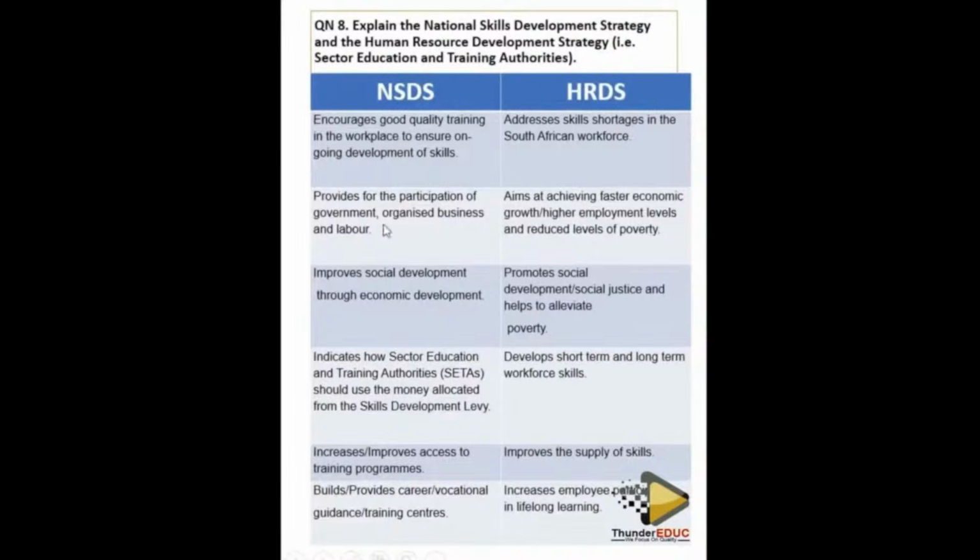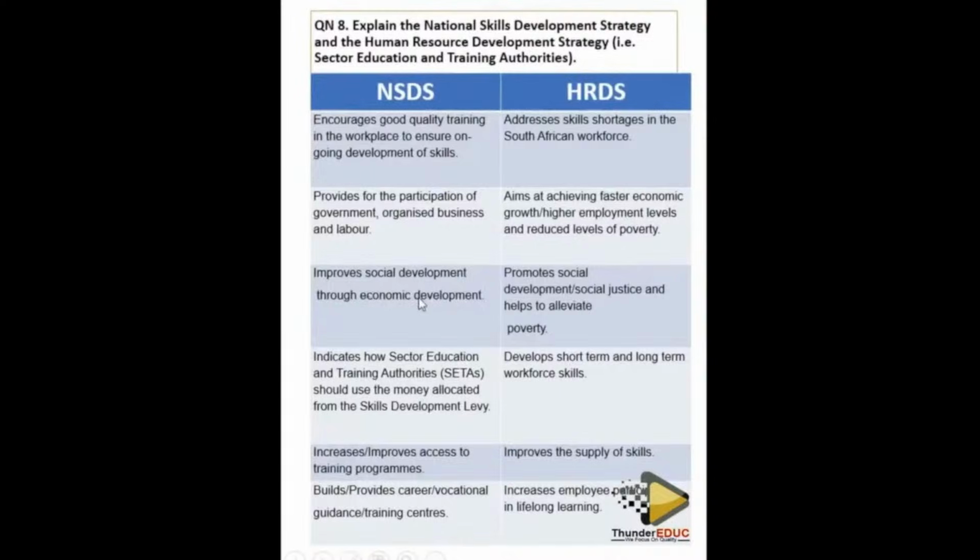The second provides for the participation of government, organized business and labour, while this one aims at achieving fast economic growth. Remember, economic growth is nothing but the improvement in the production of goods and services by different businesses or firms.